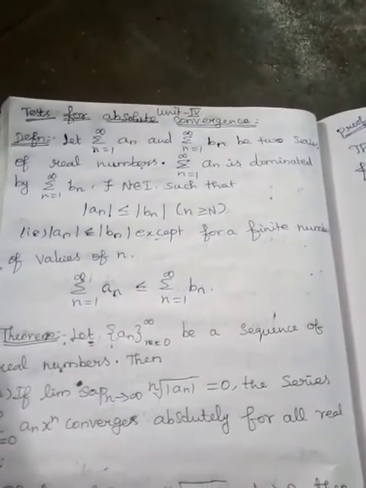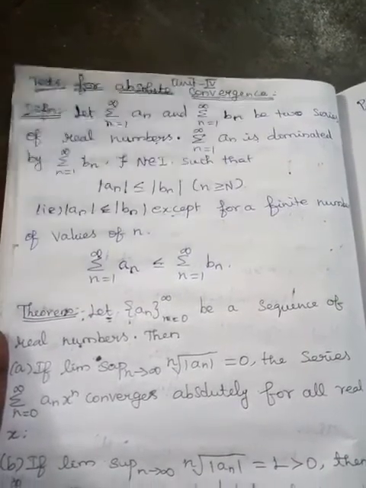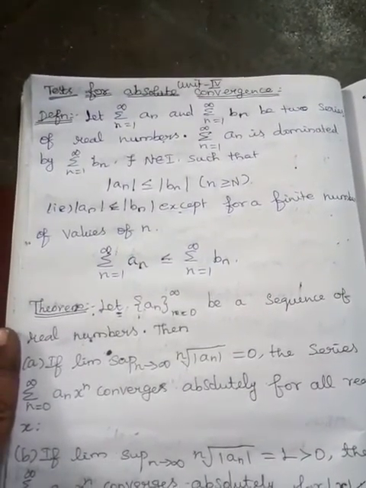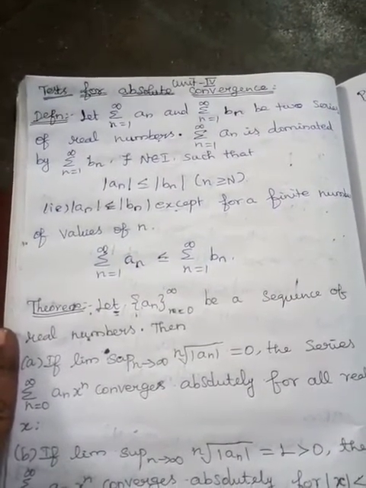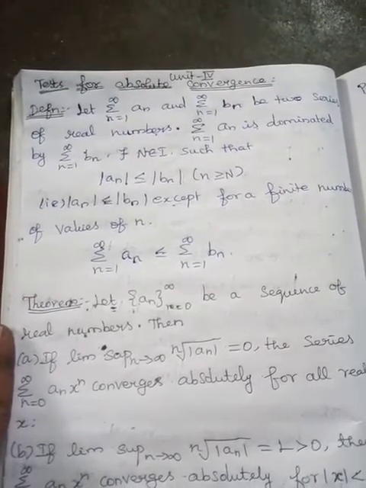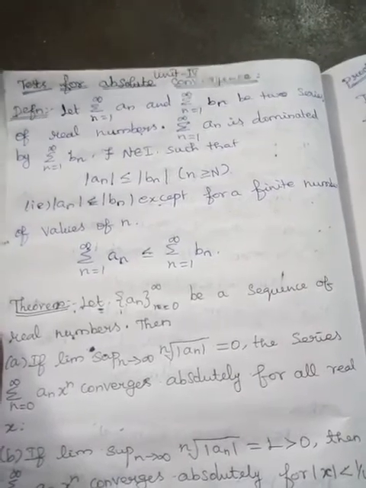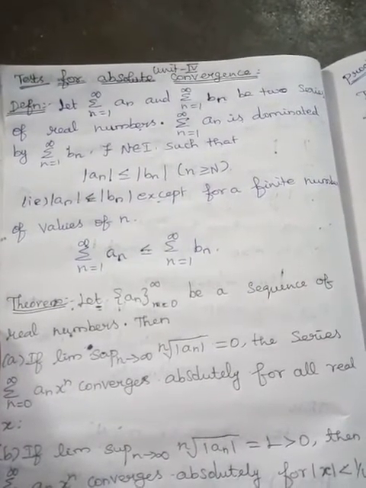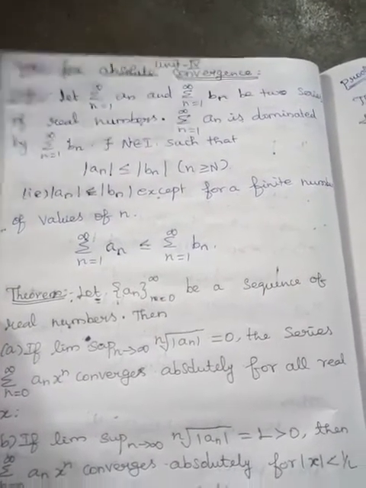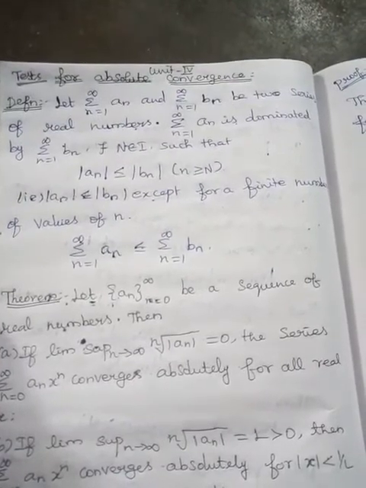Next, unit 4, test for absolute convergence. The definition is: let summation n varies from 1 to infinity an and summation n varies from 1 to infinity bn be two series of real numbers.